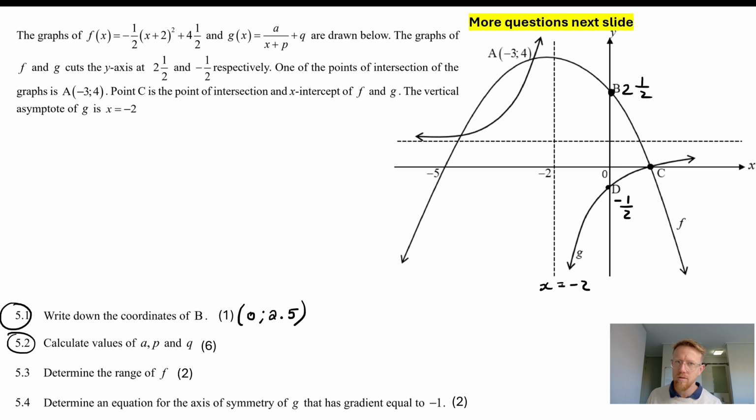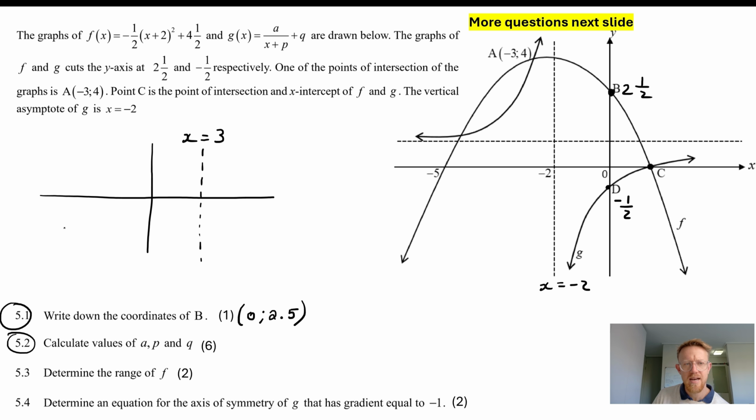Right, let's start with P. Because remember, if you have a normal hyperbola, and let's say it's got an asymptote here at x equals 3, and then it's got another one here at y equals minus 1, then we know that the normal equation of a hyperbola goes like this.